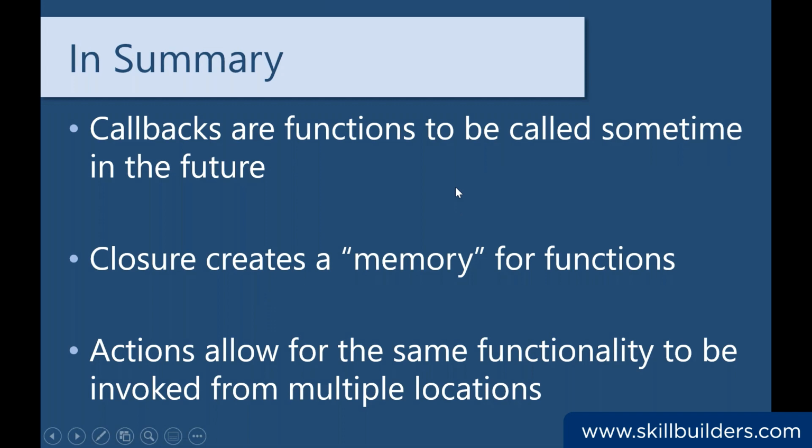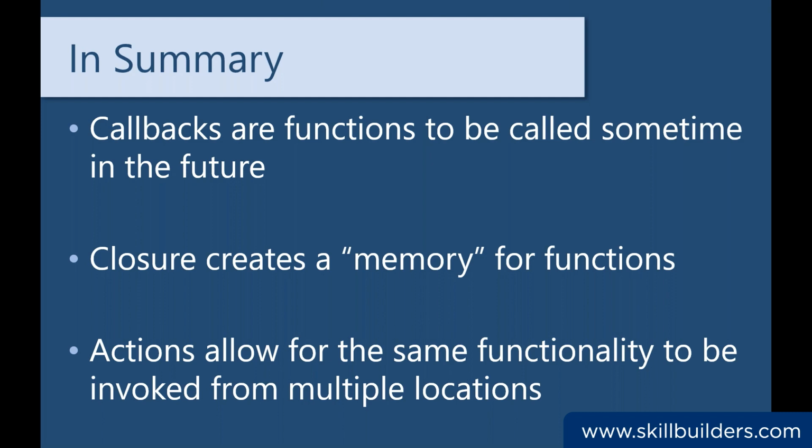So in summary, callbacks are functions that are going to be called sometime in the future. We don't know when. Generally, it's for some sort of asynchronous thing. We cast it out, and then we wait, and then sometime in the future, we invoke it. Closure creates a sort of memory for our function, so we can refer back to values that are helpful for us.